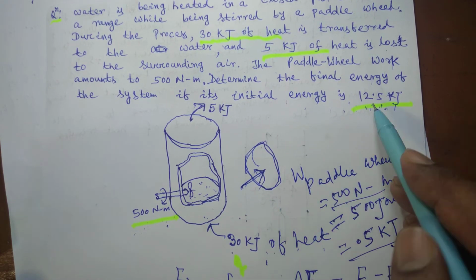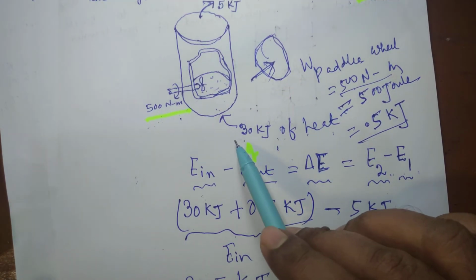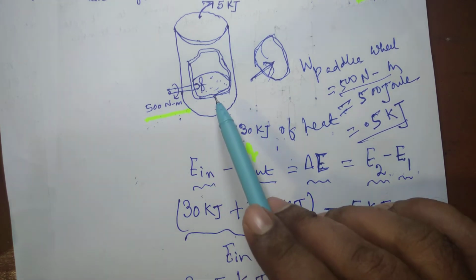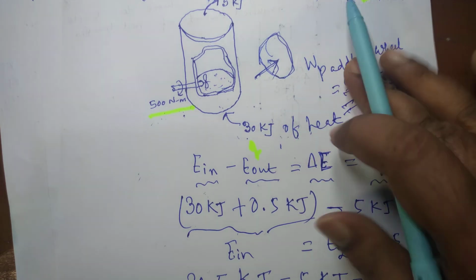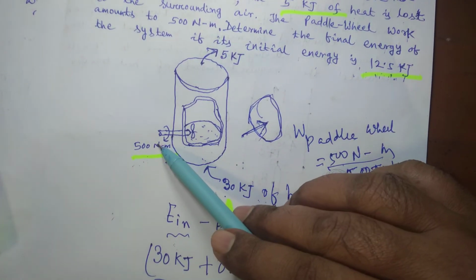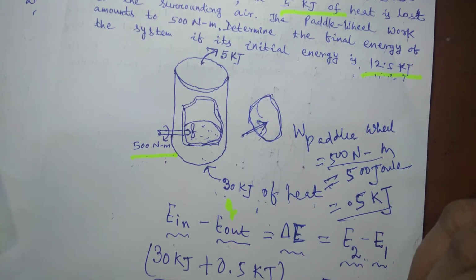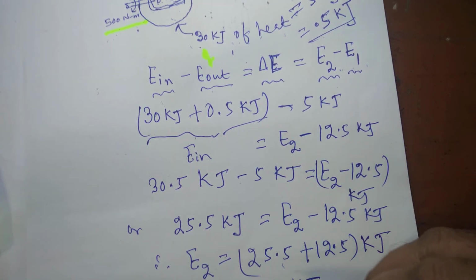That means the energy of the water increases because net positive energy enters the system, and that goes on to increase the energy. Here the energy input is 30.5 and that which leaves the system is 5 kilojoule. So the net energy that enters into the system is 25.5 kilojoule, which is stored by the system.